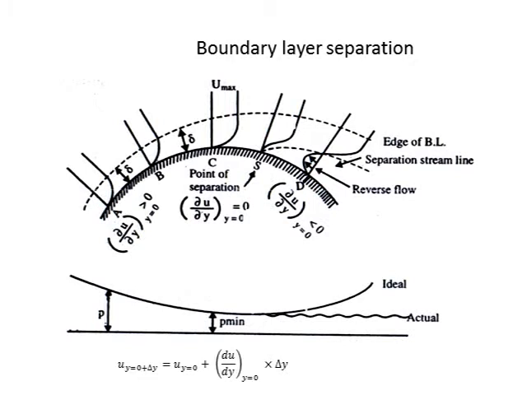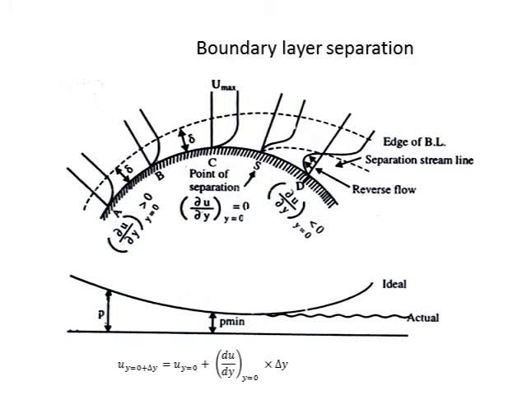At the points A, B, C, S, D, you will get different velocity gradients. Delta is the thickness, so you can see the edge of the boundary layer. Separation of the streamline takes place and the flow becomes reverse flow at the exit.